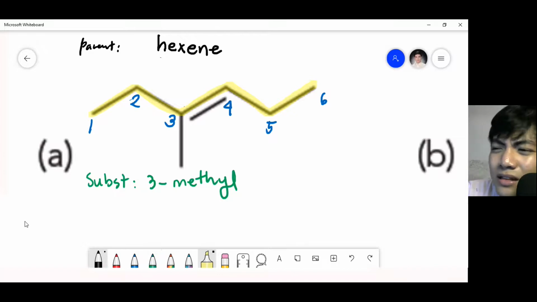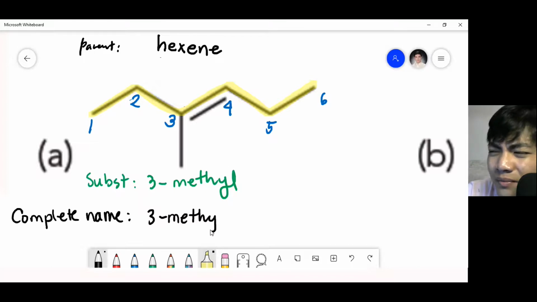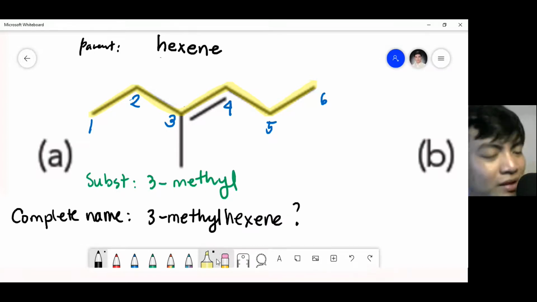So what is the complete name? The complete name. Of course we have one substituent lang, so you can write it agad, no? So 3-methyl followed by your hexene. Hexene ba agad 'yon? No, hindi. Again, just as I said, you have to include where the double bond started.